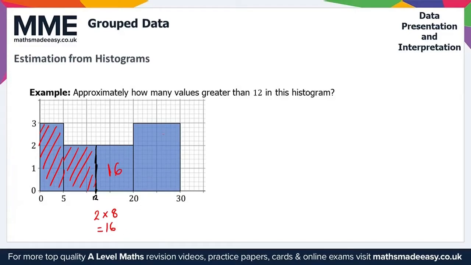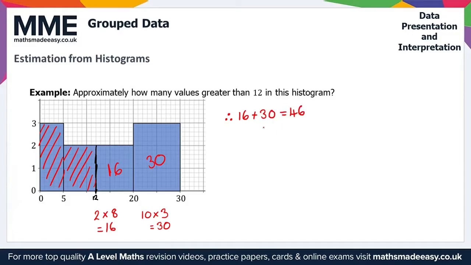And for the third block, this has a length of 10 and a height of 3. So that gives us 10 times 3, which gives us 30. We now just need to add these two values together. So 16 plus 30 gives us 46.